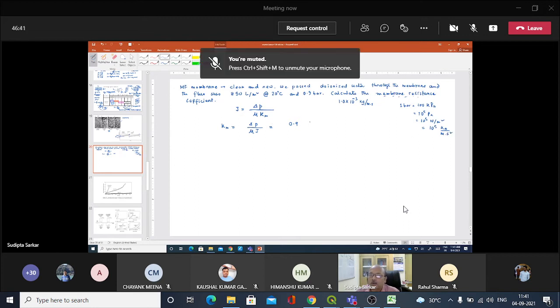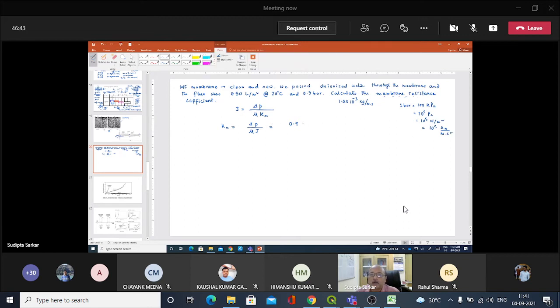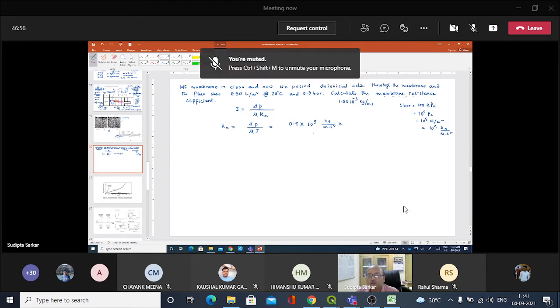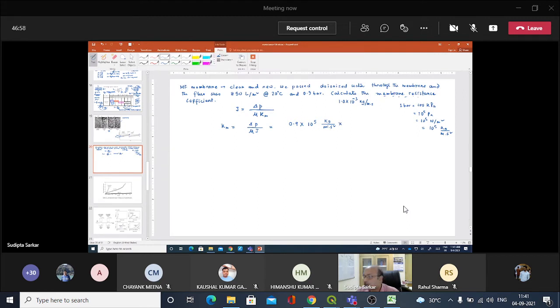So for 0.9 bar, we write 10 to the 5 kg per meter second square. We could keep it in seconds also, but let us normalize it because it is liter and this is meter square.